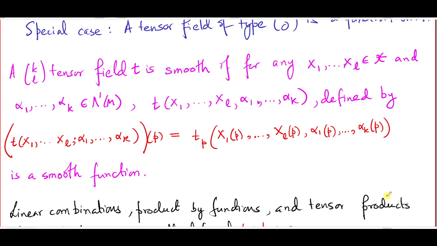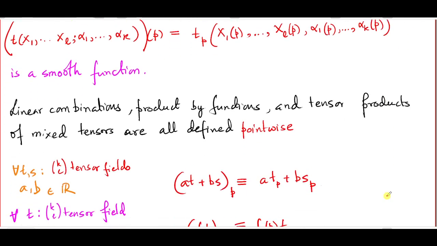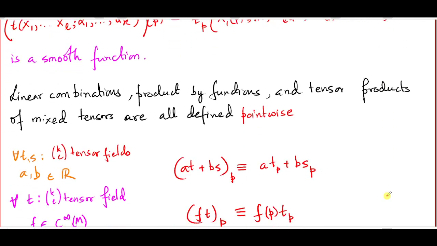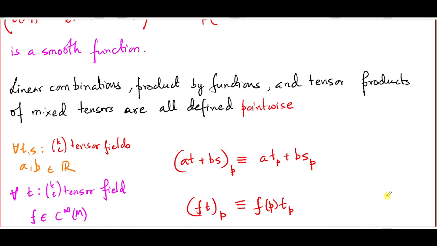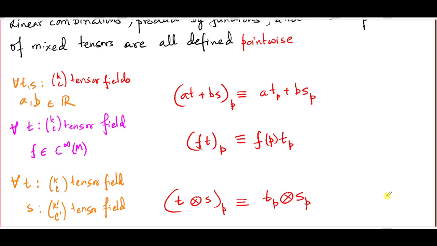And it should not be very difficult to guess that you can define linear combinations, products by functions in this case as opposed to by numbers, and tensor products of mixed tensors. All of them can be defined point-wise. So at every point, a mixed tensor field gives you a mixed tensor.